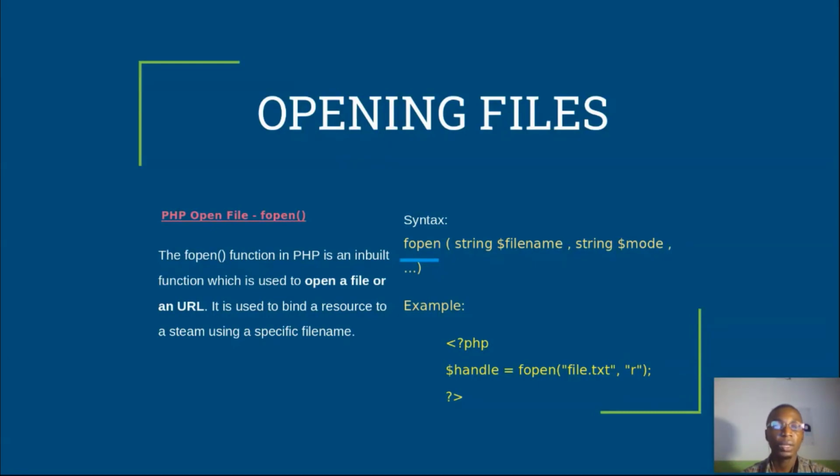It is used to bind a resource to a stream using a specific file name. So you have your location where your file is. You use fopen to get that location and bind it to a given variable, so that you can work with it.